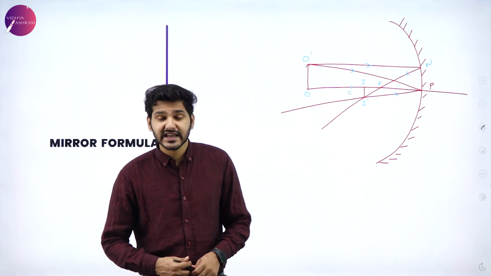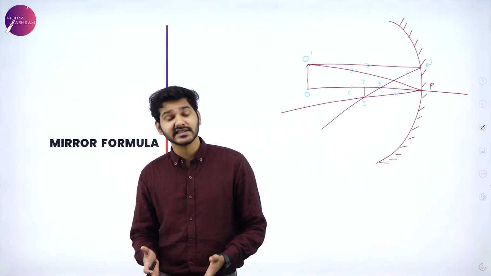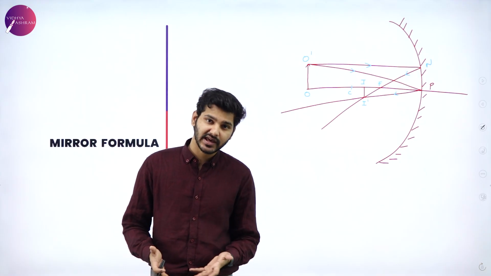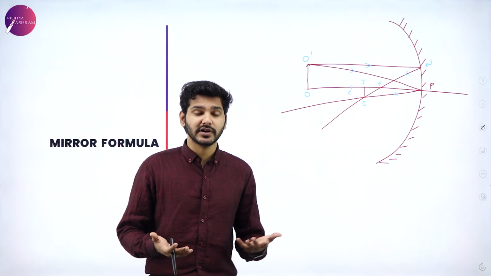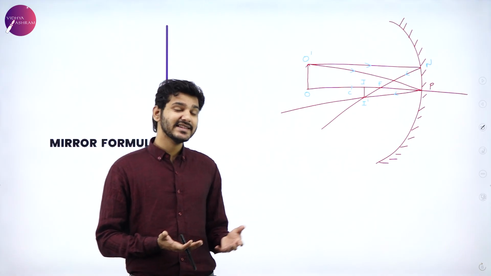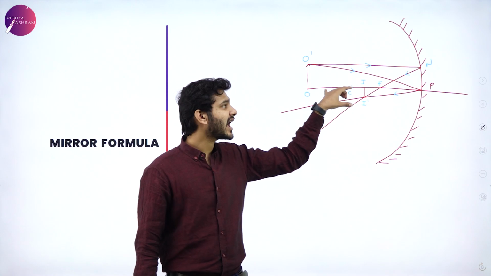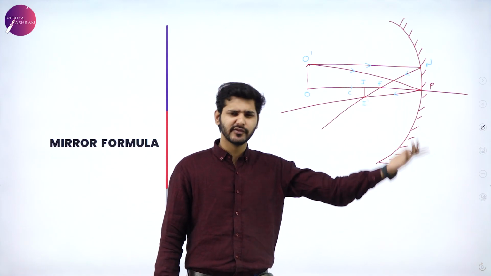So now the next thing is the mirror formula, and what a mirror formula tells us is the relation between the focal length, the properties of the image and the properties of the object. So it tells us the mathematical relation between the object, the image and the focal length.